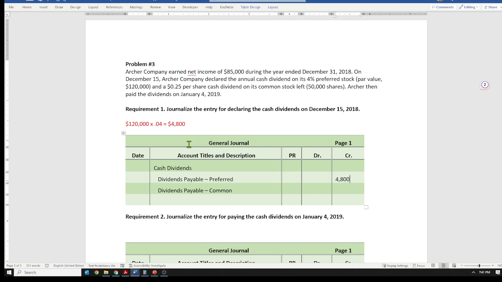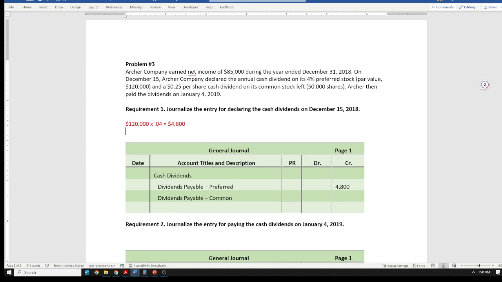Not too bad. And then we have the common stock, which is 25 cents per share, and there are 50,000 shares. So we'll do a little multiplication as well: 50,000 times $0.25, and that is 12,500.